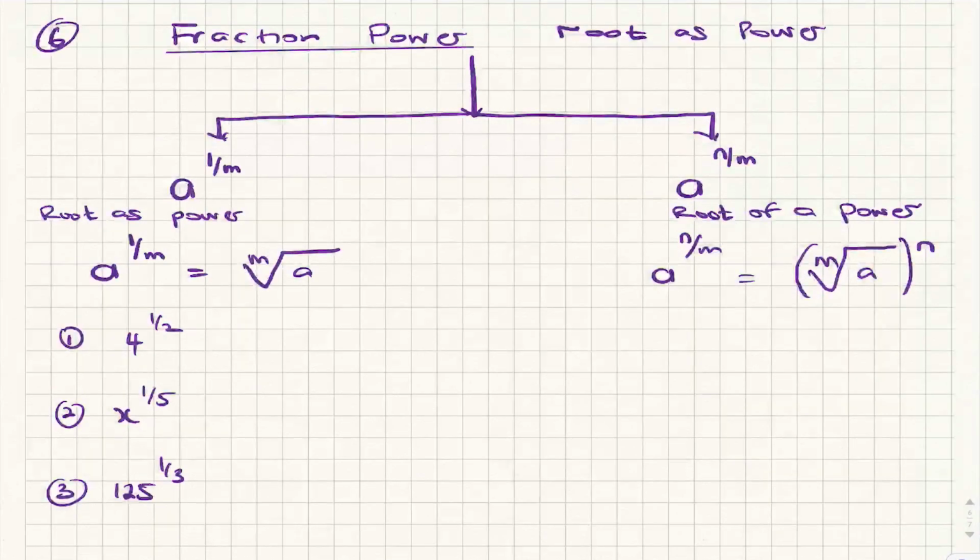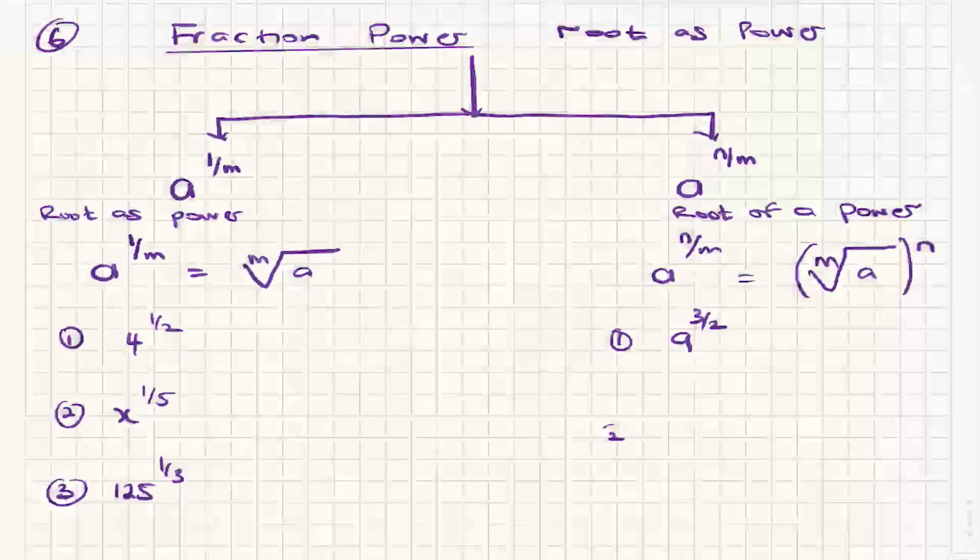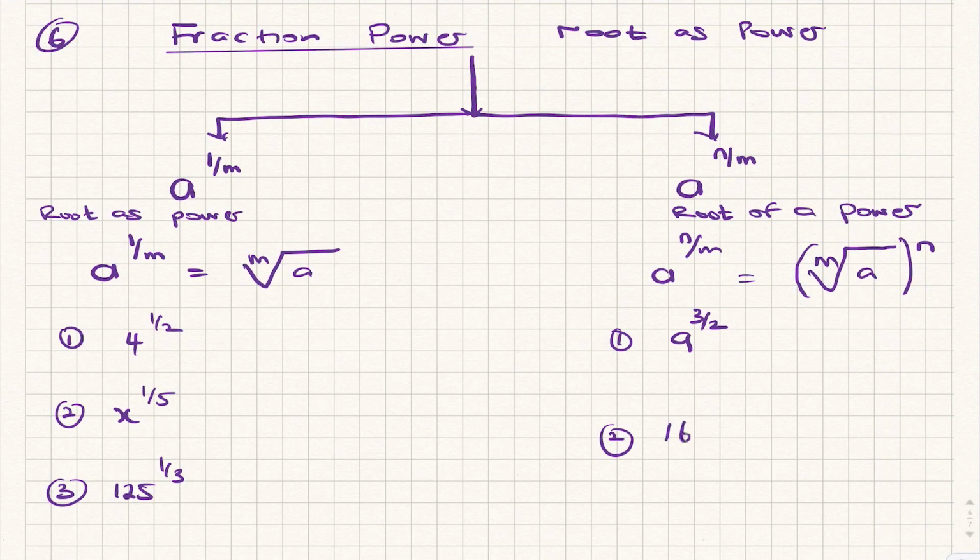The next one here, the other example for the second part: number 1, we should try 9 to the power 3 over 2. And number 2, we could try 16 to the power of 3 over 4.